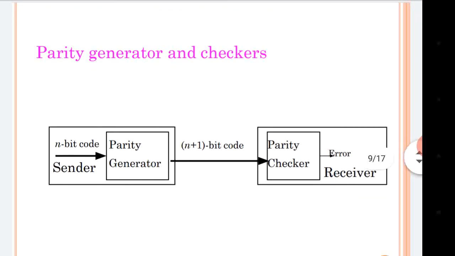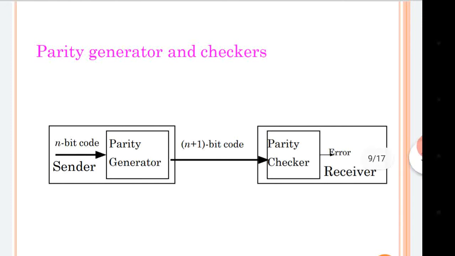Parity generators and parity checkers. Basically, a parity generator is a circuit which will generate a parity bit as per our requirement. If you want even parity data, the circuit will generate the ones or zeros as per the given number in order to make the total number of ones even.